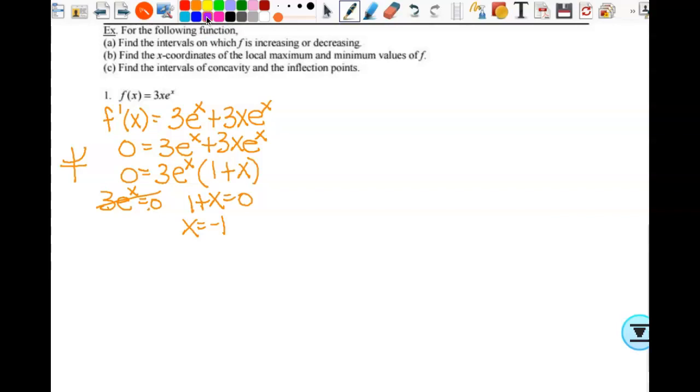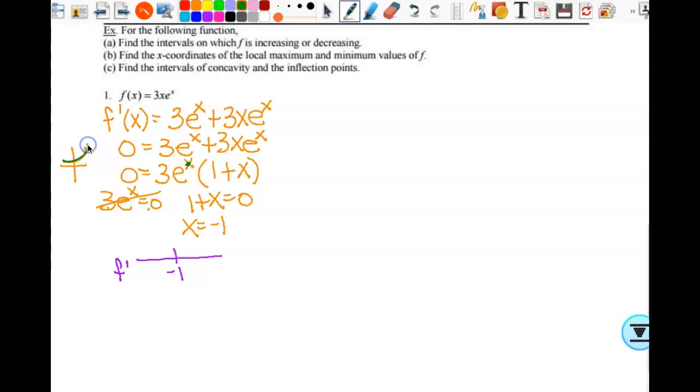Put it in a sign chart. Okay? So I'm going to put it in a sign chart, and all that I have on there is -1. And this is f prime that we're putting on the sign chart, right? Not only is there no number I can substitute in for x that gives me 0, is there anything I can substitute in for x that's going to give me a negative number?